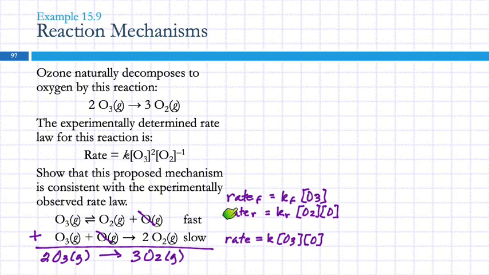Any questions about that? The definition of equilibrium is that the forward rate equals the reverse rate. So I'm going to move up to the top here because it's getting crowded down there. So the forward rate is Kf times O3, and the reverse rate is Kr times O2 times O.